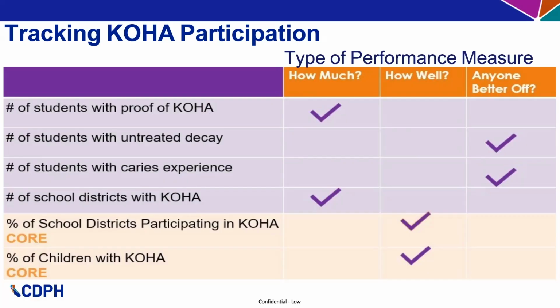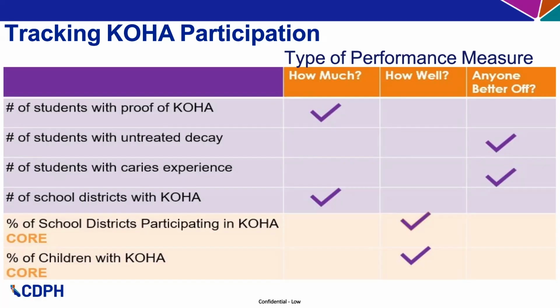So of special importance here are these two measures which are highlighted. These are our core performance measures used for statewide tracking of COHA progress. And if we see collectively all these measures combined, they give us a pretty comprehensive view of the overall picture of progress.